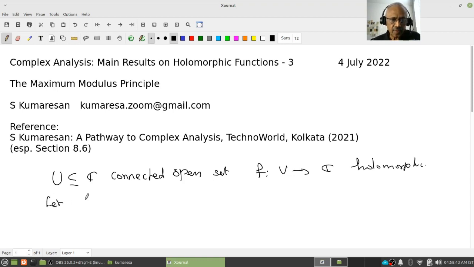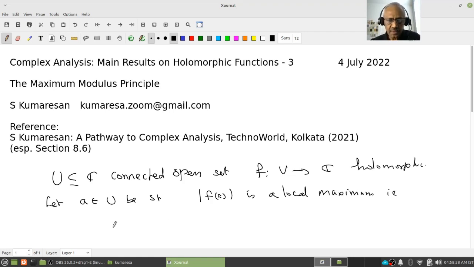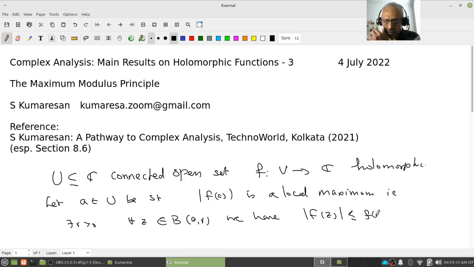Let a in U be such that modulus f(a) is a local maximum. What does that mean? That is, there is an r positive so that for all z in B(a, r) we have modulus f(z) is less than or equal to modulus f(a).